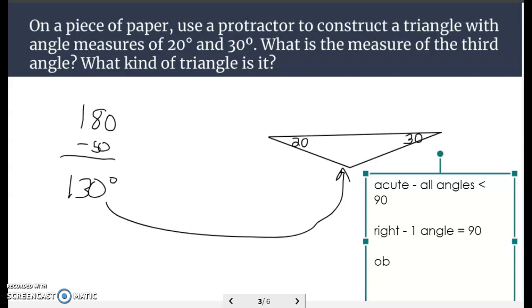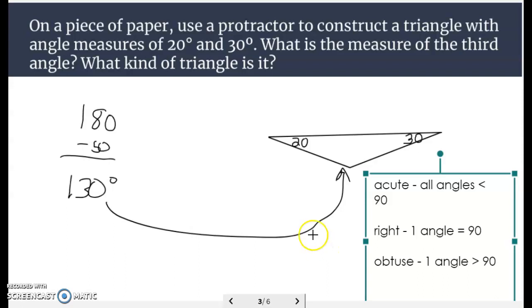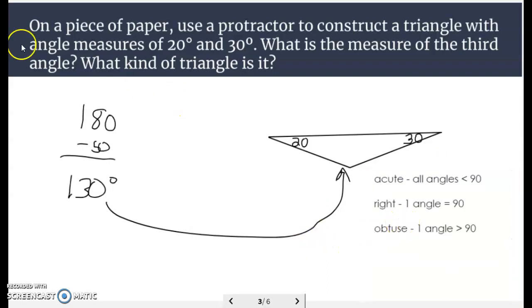And then there's obtuse, where exactly one angle is greater than 90. And if that is the case with our situation here, this example is an obtuse triangle, because you have exactly one angle that's greater than 90, the 130.